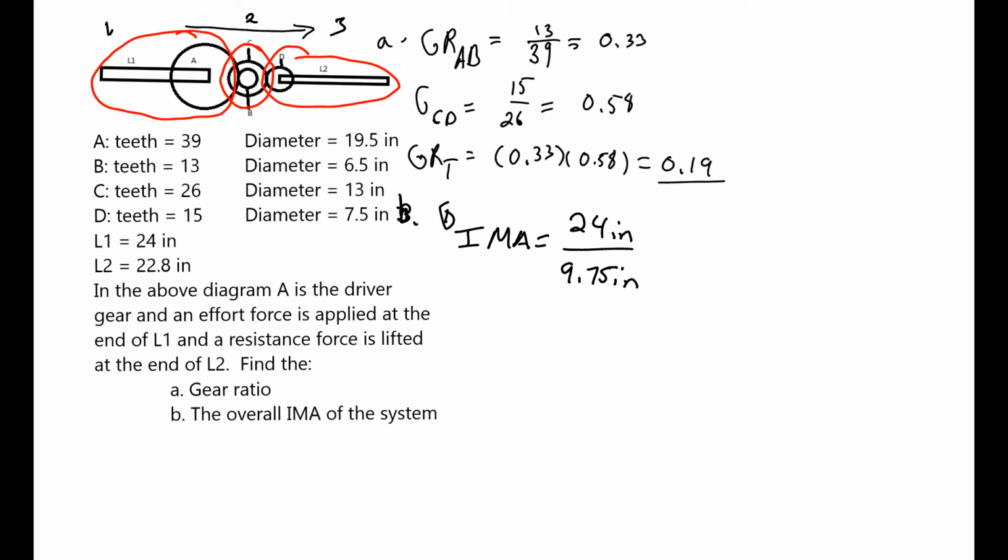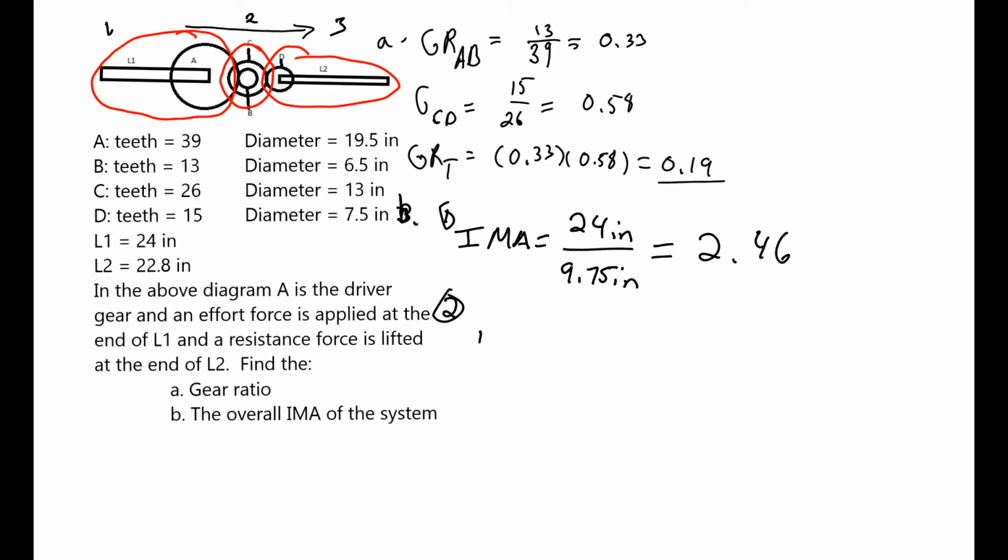Everybody understand why that's 9.75 instead of 19.5? And again, we use the radius for L1, so we have to use the radius for the wheel as well. So what's that equal when we do that? Two point what? That's our IMA for part 1.